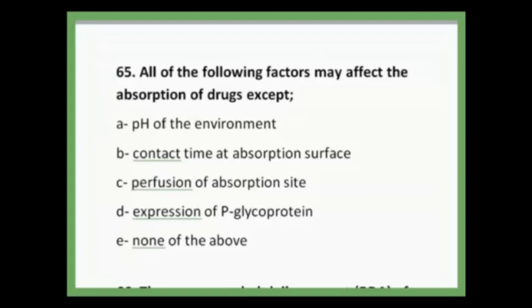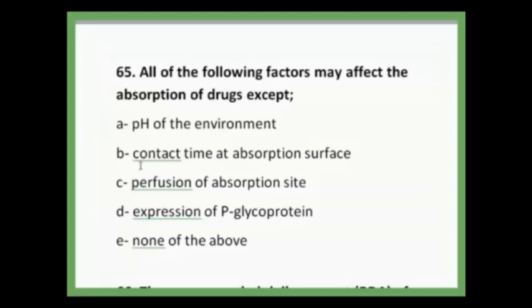We know that pH of the environment can affect the absorption of drugs, as at certain pH the drug will ionize. If it ionizes, then it will be hard for it to be absorbed in its ionized form. At another pH, this ionized form is not so much there. The drug is in its intact form, so it will be easily absorbed. So pH of the environment definitely affects the absorption of drugs.